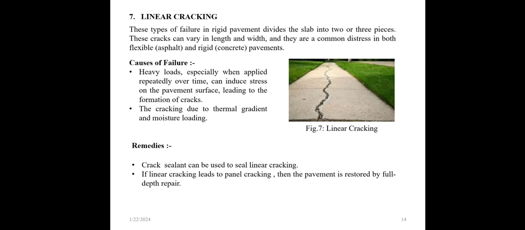Cracking can also be due to thermal gradient and moisture loading. Remedies: crack sealant can be used to seal the linear cracking. If linear cracking leads to panel cracking, then the pavement is restored by full depth repair.